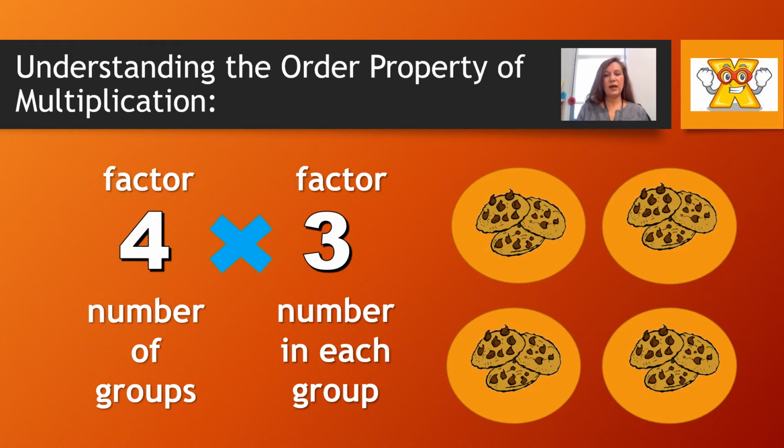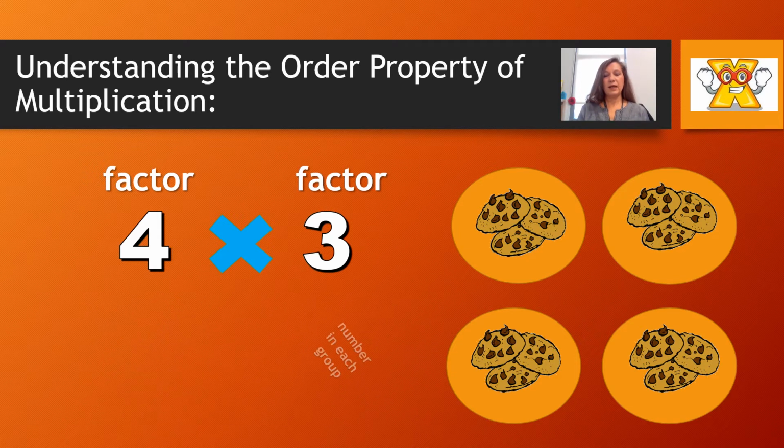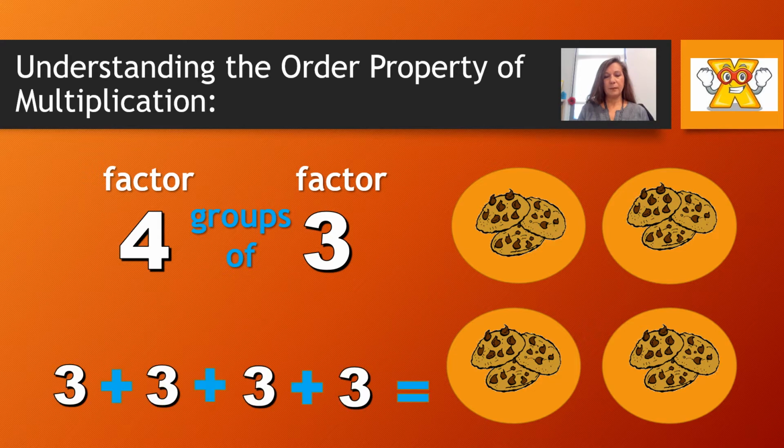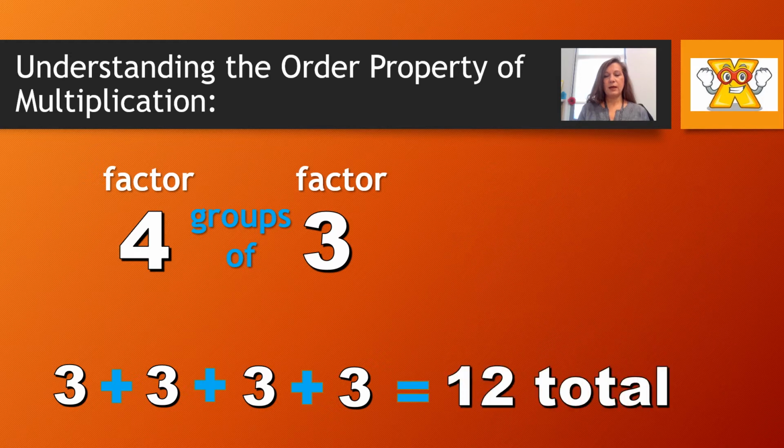So in this case, we have 4 groups with 3 cookies in each group, and from there, we can say that we have 4 groups of 3. So that would give us an addition sentence of 3 plus 3 plus 3 plus 3. And again, our total cookies would have been 12 total objects, or 12 total.